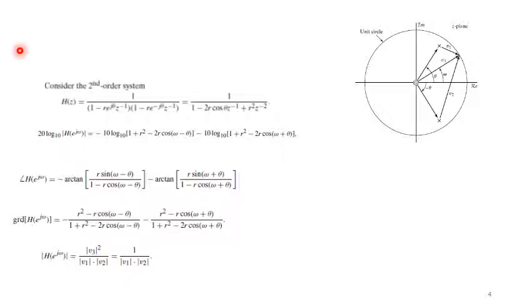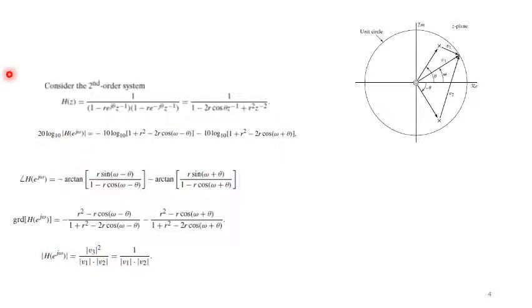Let's consider another example where we have a second order system with a system function or transfer function given as this. To find the magnitude response in dB, we replace z by e power j omega. Replacing this by e power j omega will result in 1 minus r e power j theta, e power minus j omega, into 1 minus r e power minus j theta, e power minus j omega.